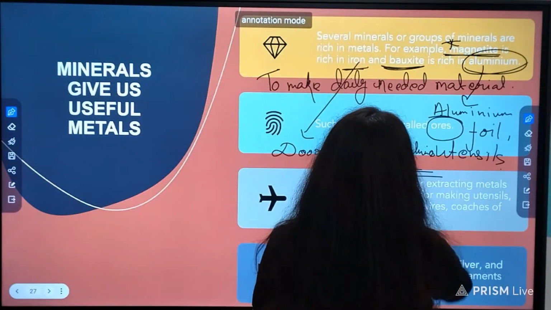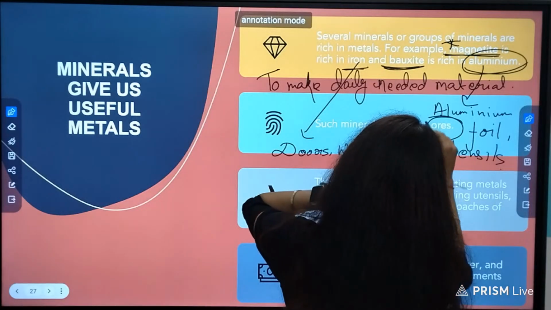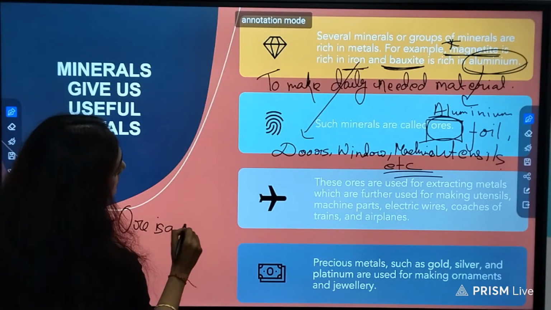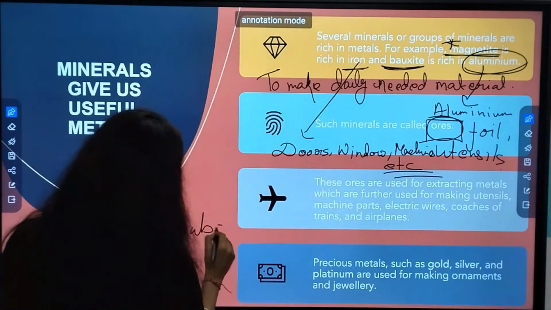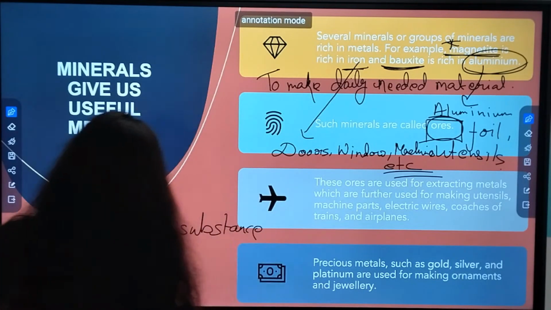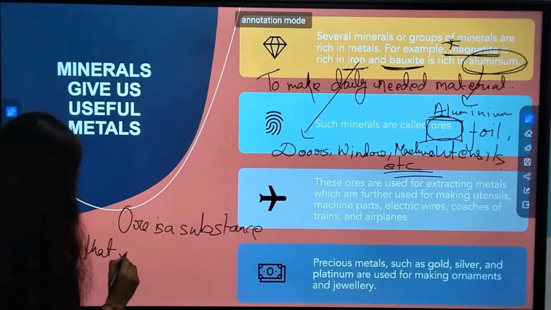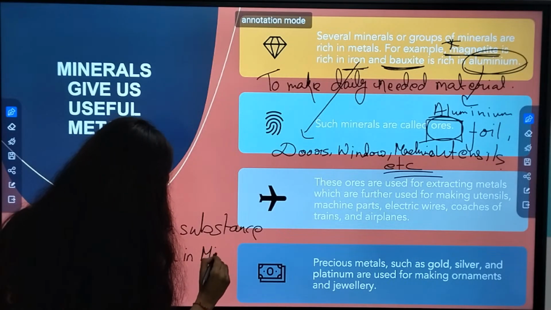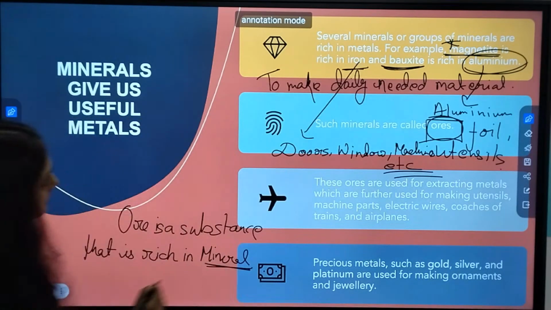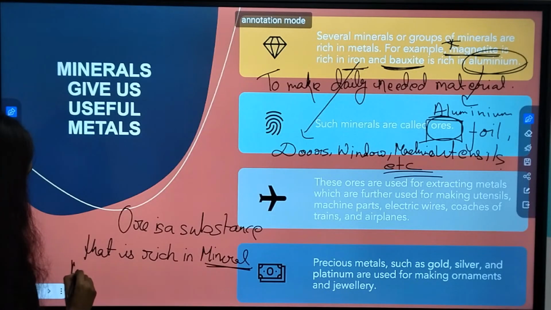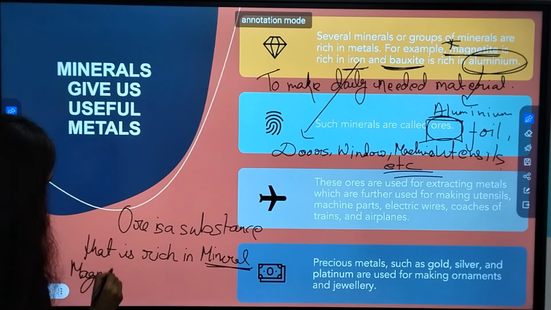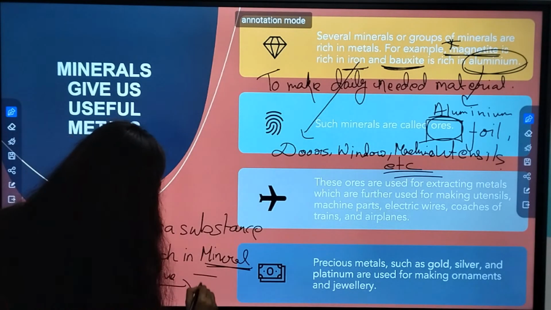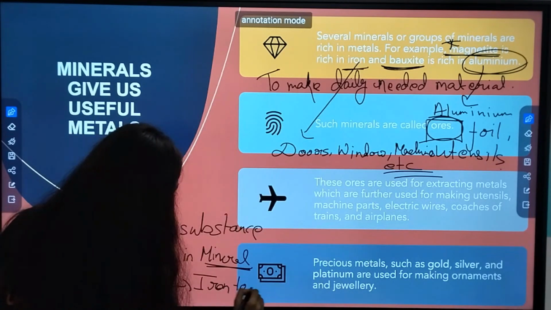So what is ore? An ore is a rock that is rich in a mineral, like magnetite gives iron to us.